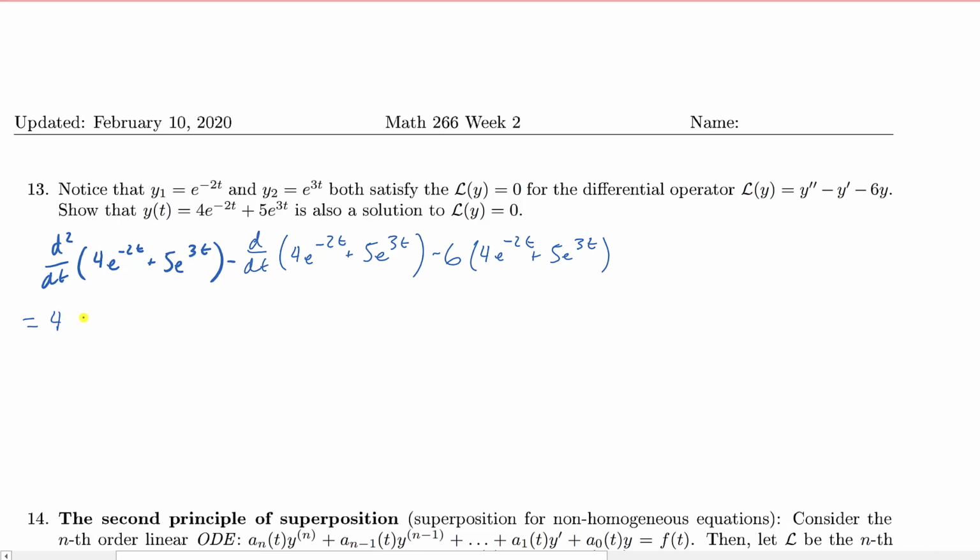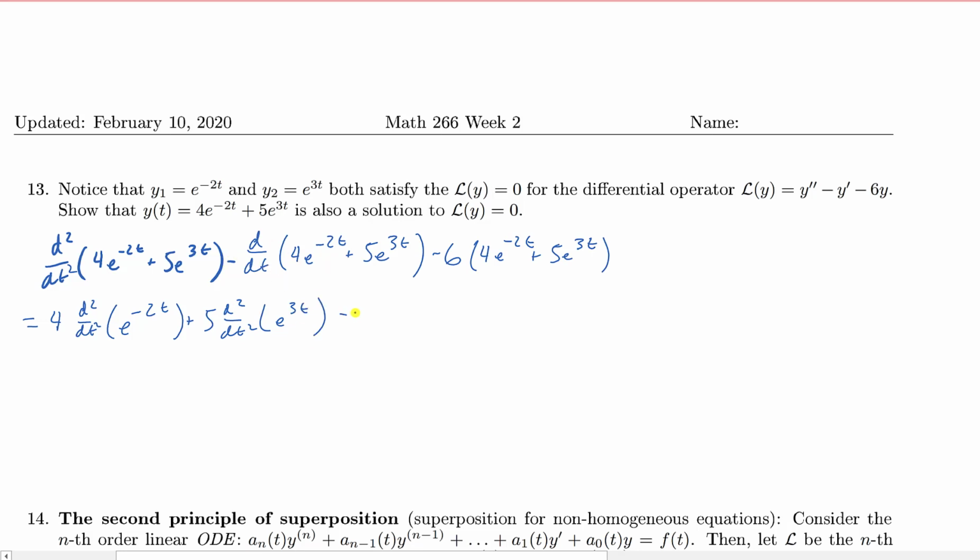So I can rewrite this as 4 d squared dt squared of e to the minus 2t plus 5 d squared dt squared of e to the 3t.